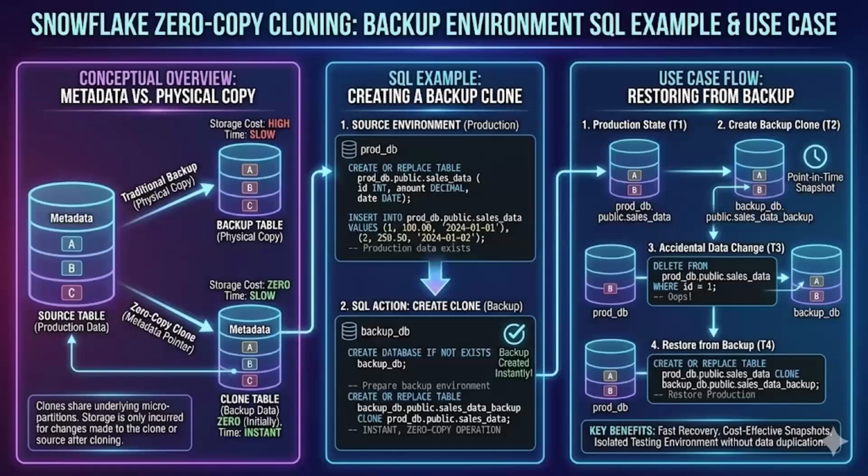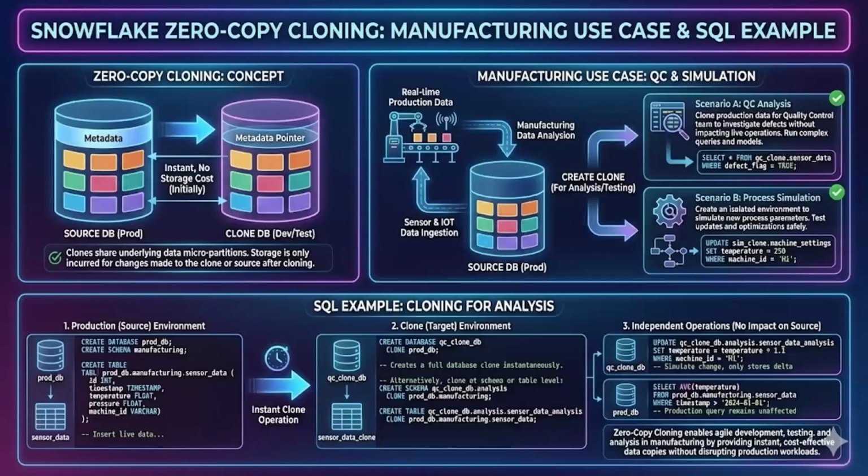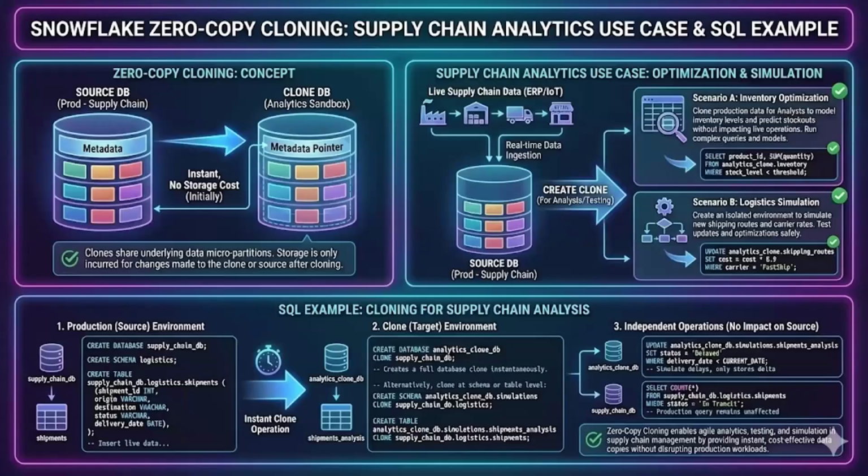If we accidentally deleted something from the main table, I can use the cloned table, right? Are you getting what I'm trying to say? Okay, great. So that's how you need to implement zero copy cloning.